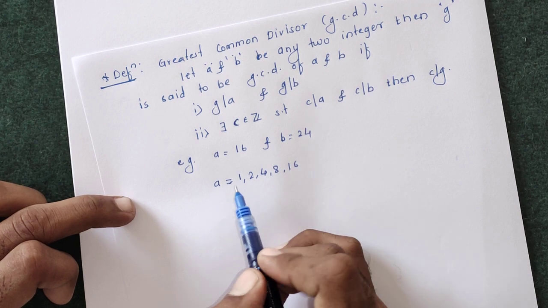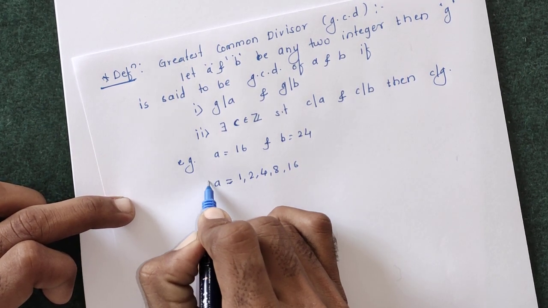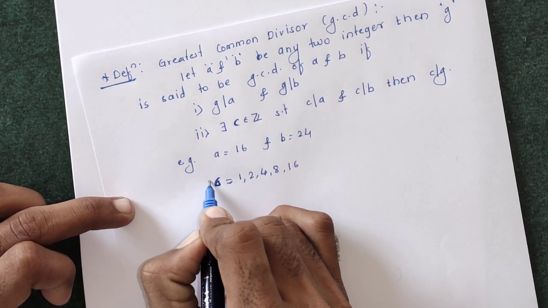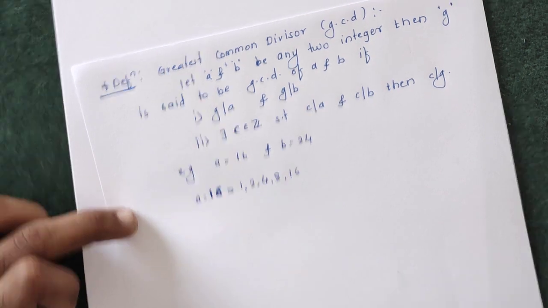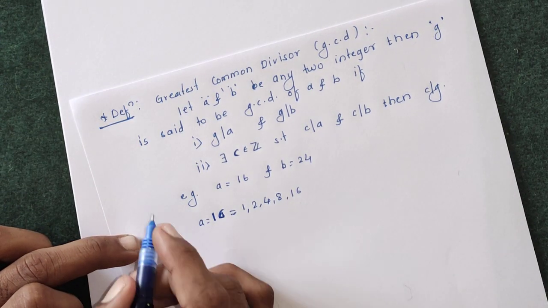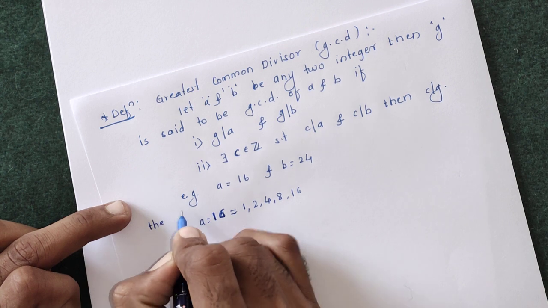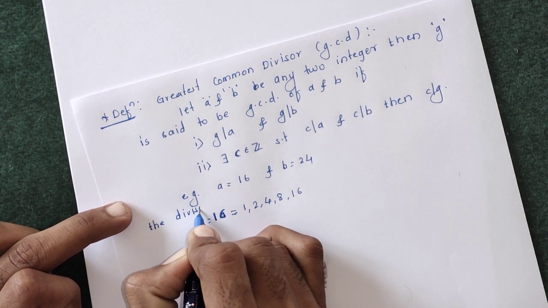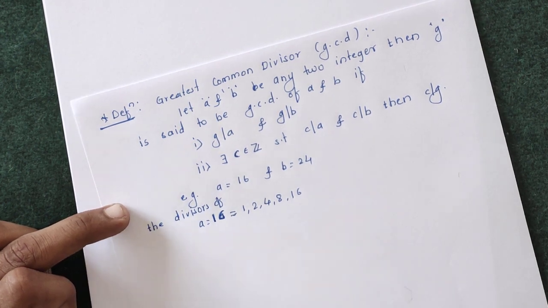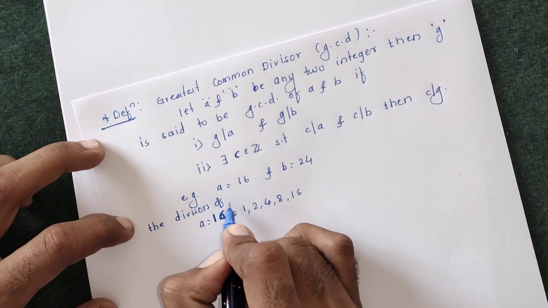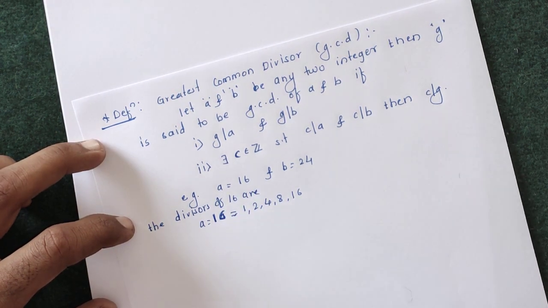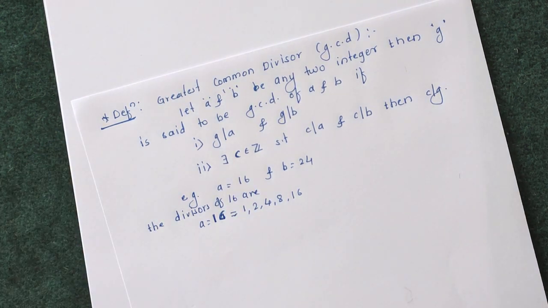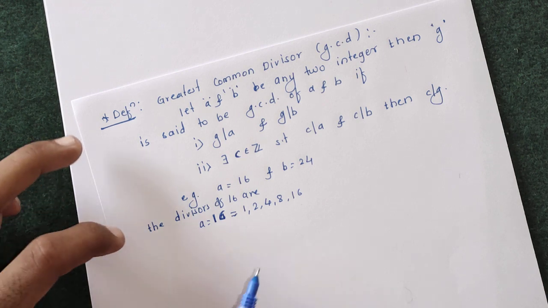The divisors of 16 are 1, 2, 4 (4 fours are 16), 8 (8 twos are 16) and 16 (16 ones are 16).